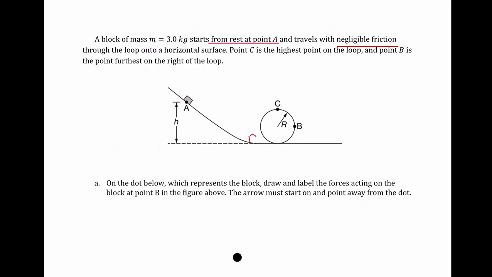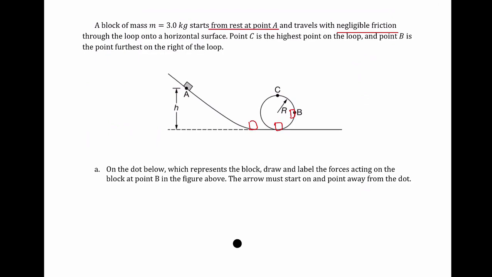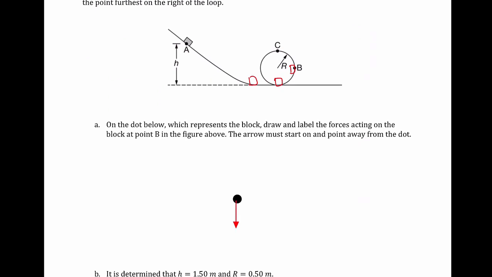So the object is coming to the bottom of the track and then it starts moving upwards and reaches point B. At that point, for sure there will be a force of gravity, so we need an arrow to represent this force of gravity. And since the object is moving on a circular track, for sure there will be a force that points towards the center of the circle.